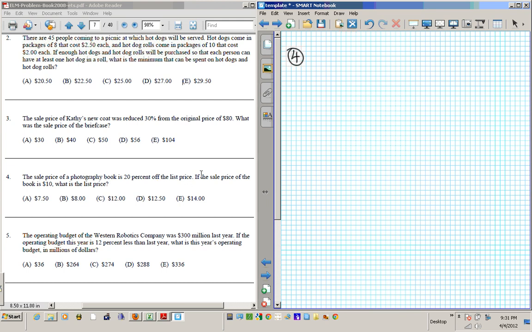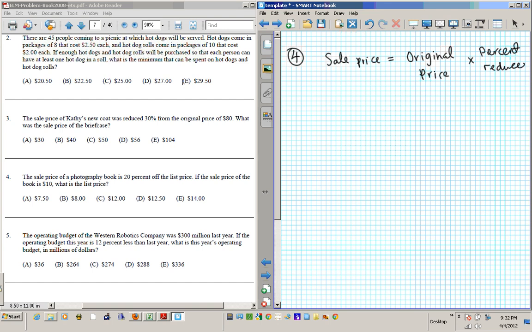We know that sale price is basically original price multiplied by the percent remaining.